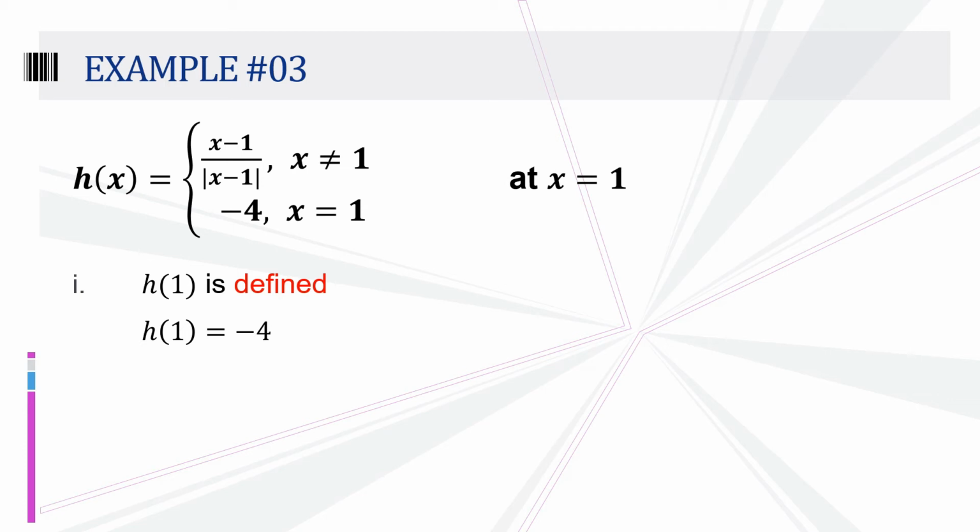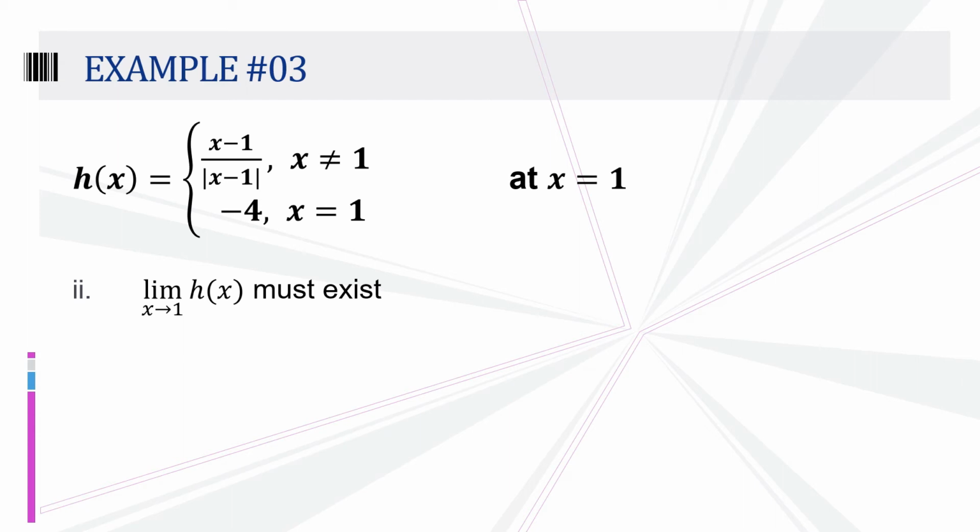Okay? Check naman natin ngayon yung second criterion. The limit of h of x as x approaches 1 must exist. Okay? Note that itong absolute value of x minus 1 is equal to x minus 1 if x is greater than or equal to 1, and negative of x minus 1 whenever x is less than 1.